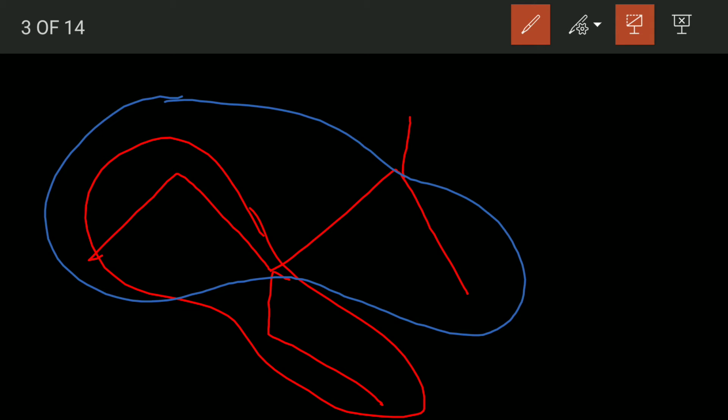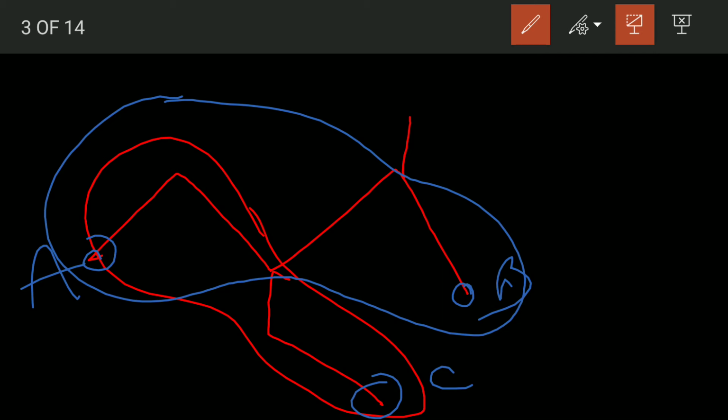But when the lengths of the parent chains are equal, then you must go with the parent chain having more number of locants. If I mark it as A, this one as B, and this one as C, now AB and AC are equal.